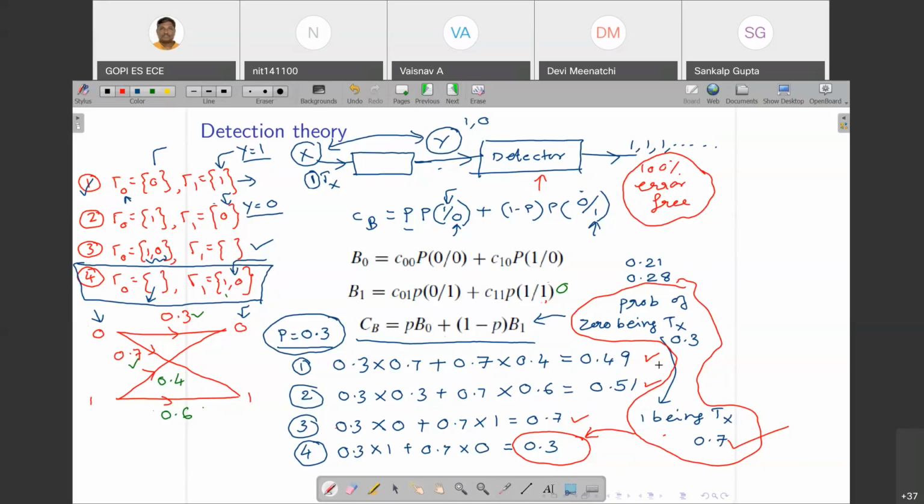And we have the characteristics of the channel. Both will combine. It is not only the prior probability, or only the channel characteristics. Both the channel characteristics and the prior probability combined together impact which rule I have to choose in this case, right? So I hope this is clear to you, right?